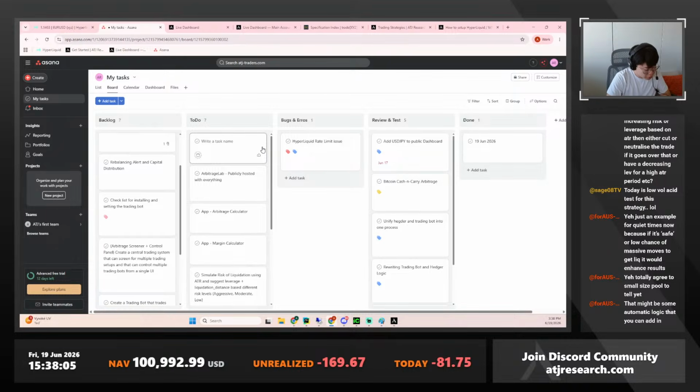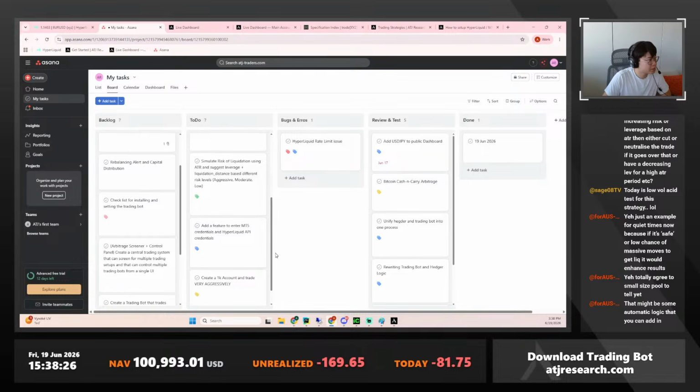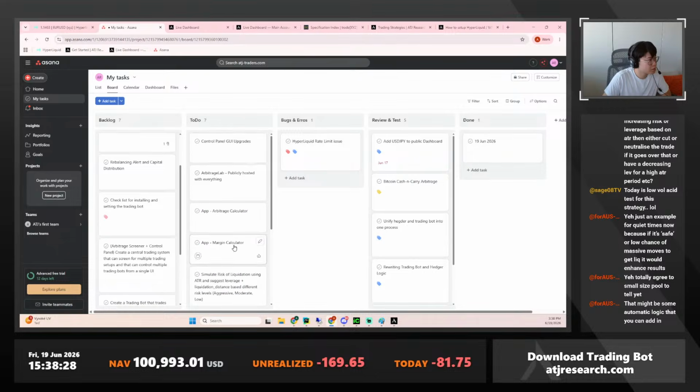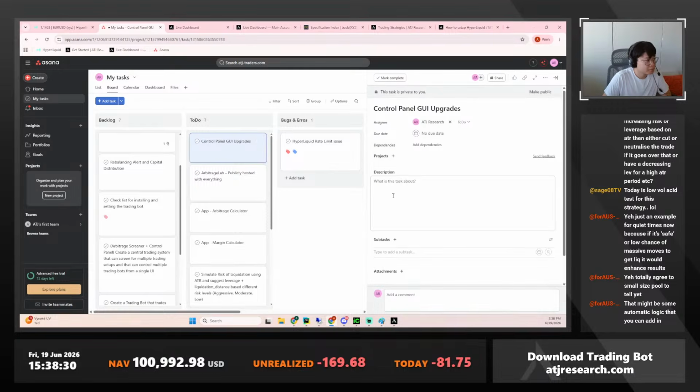Okay, so now let's do some strategy settings value check, or control panel GUI upgrades. So I can actually write down all the things I can add here.